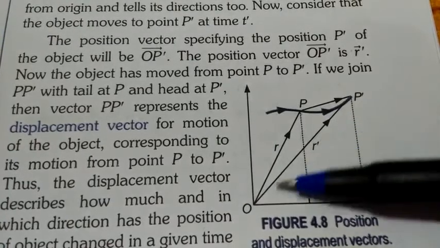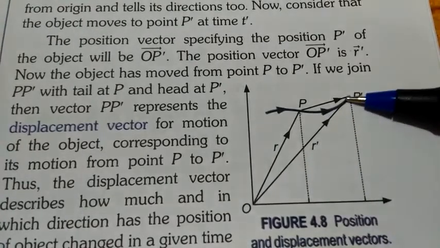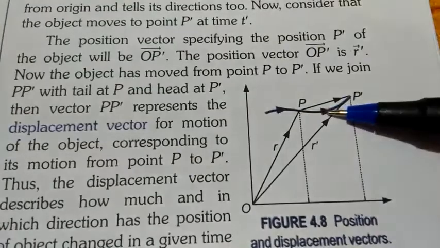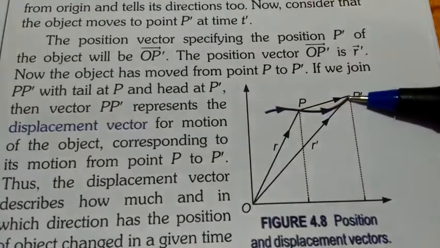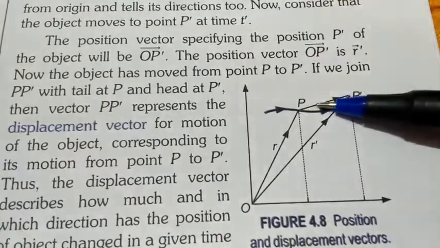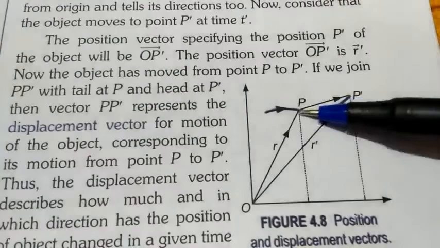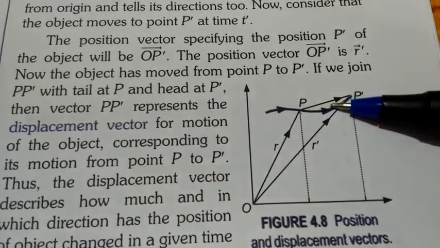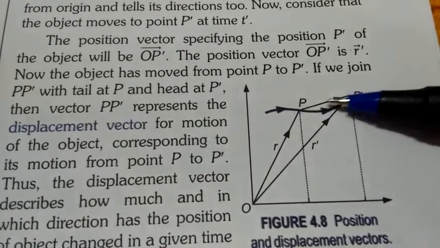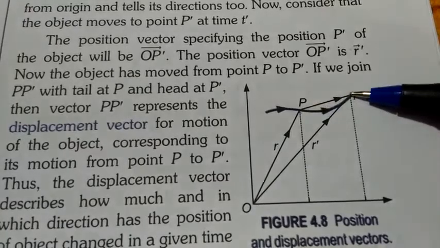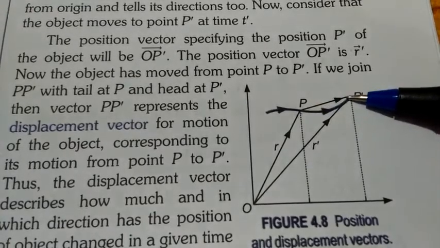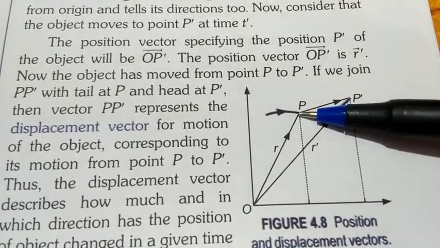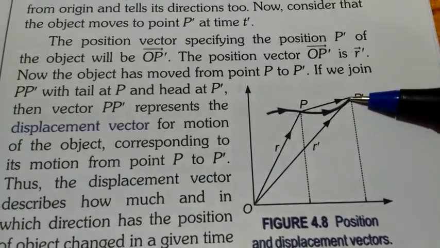And the distance between point P and point P dash, this one, will be called the displacement vector, because this vector PP dash shows how much the object is displaced from point P to P dash.